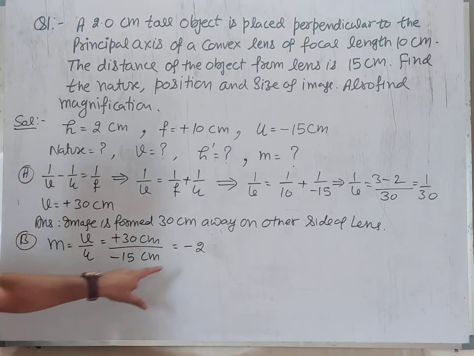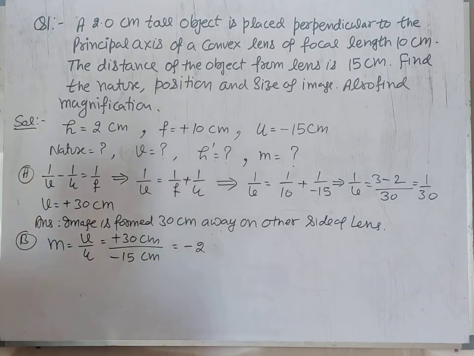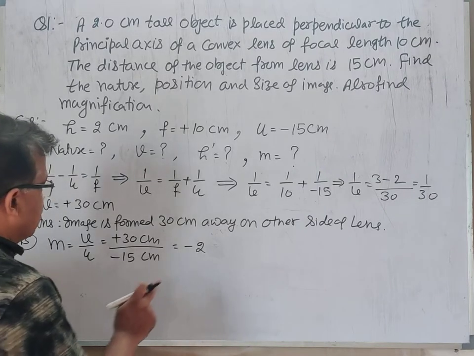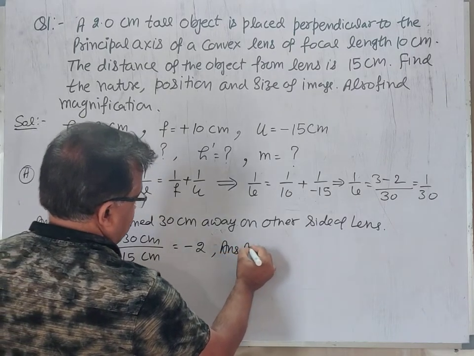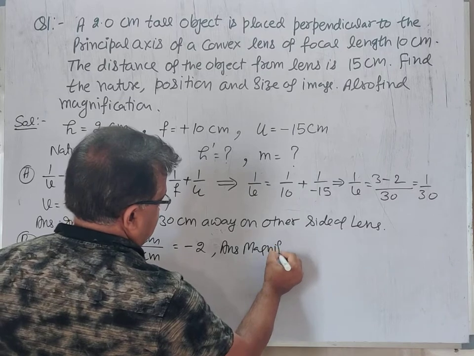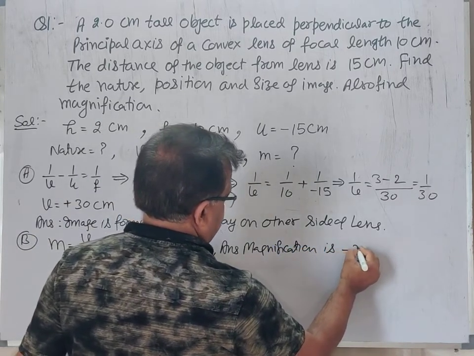So what is this magnification we have found? The minus magnification shows that the image is real and inverted. So the second answer is that. Magnification is minus 2.